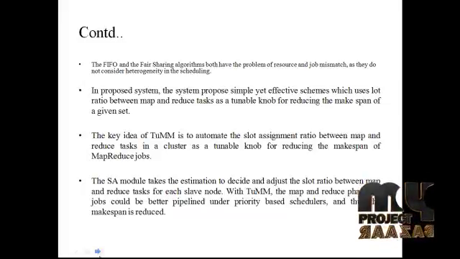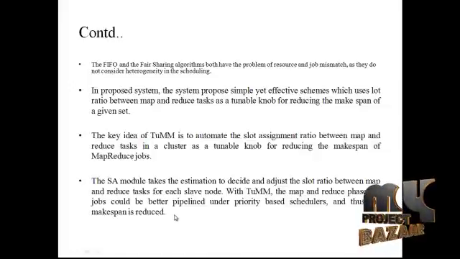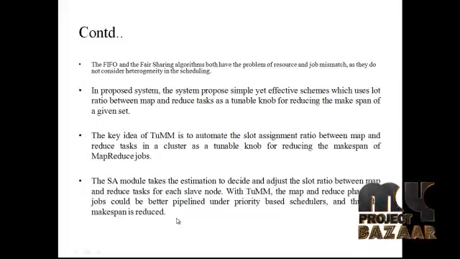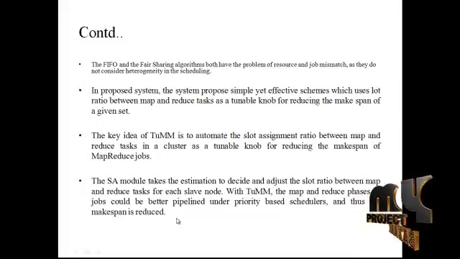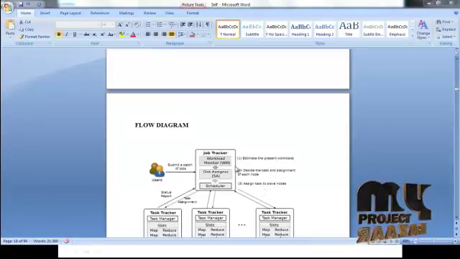The SA model takes the estimation to decide and adjust the slot ratio between map and reduce tasks for each slave node. With TUMM, the MapReduce phases of jobs could be better pipelined under priority-based schedulers, and thus the makespan is reduced.